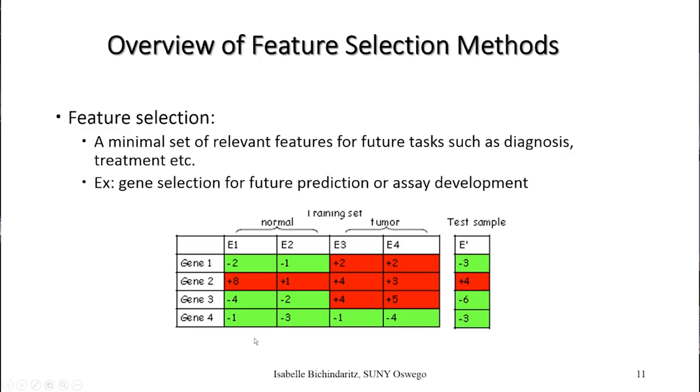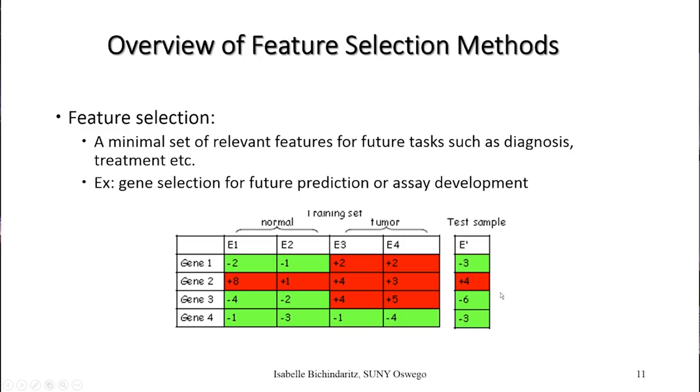So here, for example, we have 4 genes. We have gene 1, 2, 3, and 4. We have 2 individuals, E1 and E2, or 2 cases of normal subjects, and 2 cases of tumor, E3 and E4. And then you want a test sample, and you want to know, based on these features, how do I know whether this test sample is a normal or a tumor?